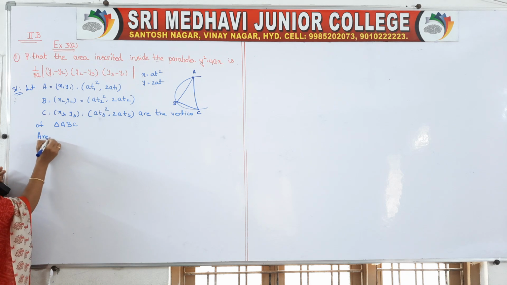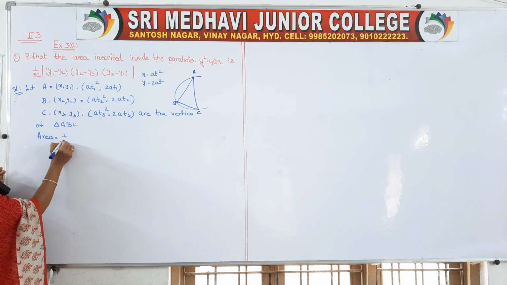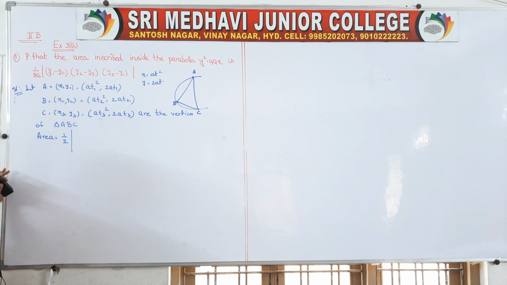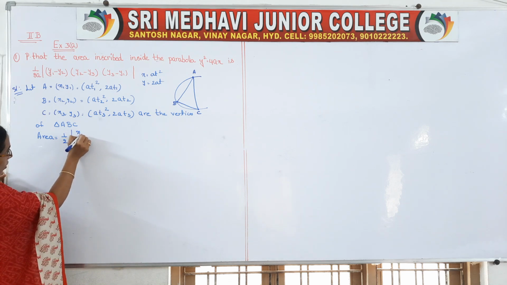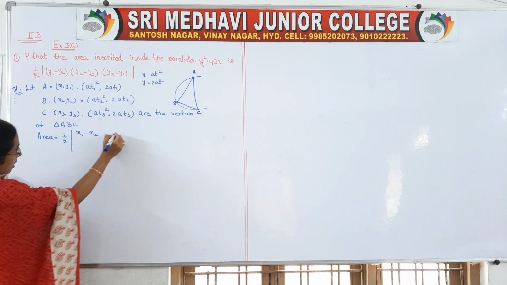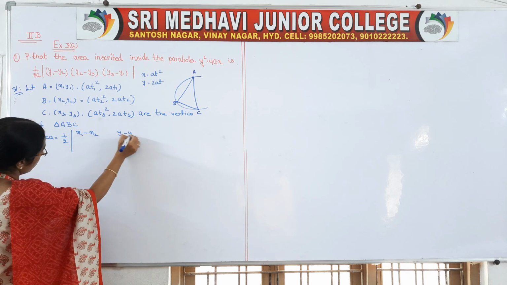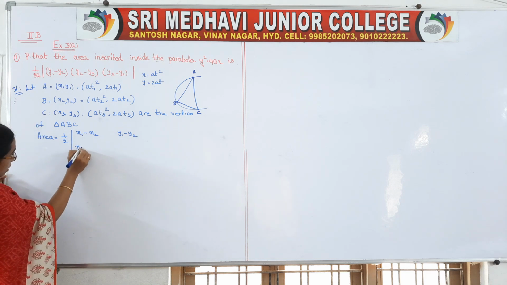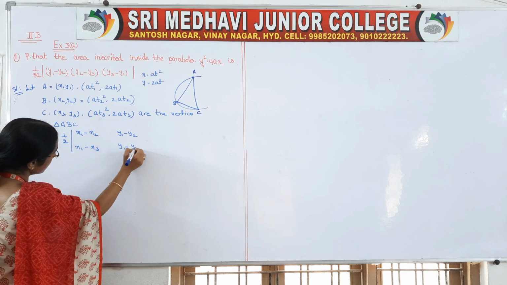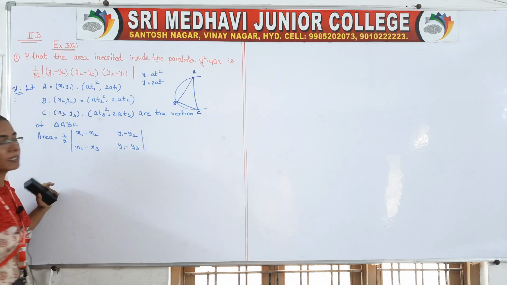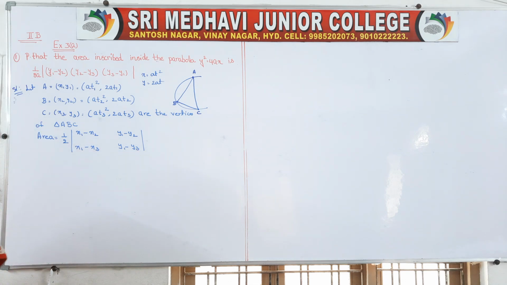So the area is equal to, what is the formula when 3 vertices are given to us? 1 by 2 into modulus of the determinant with rows x1 minus x2, y1 minus y2 and x1 minus x3, y1 minus y3. Remember, this is the formula when 3 vertices are given to us, we can find the area of the triangle.